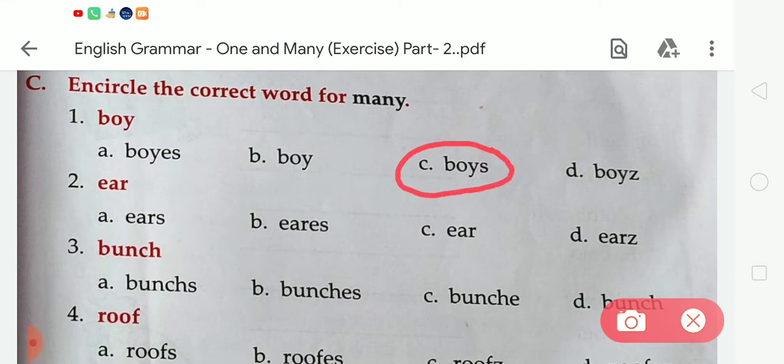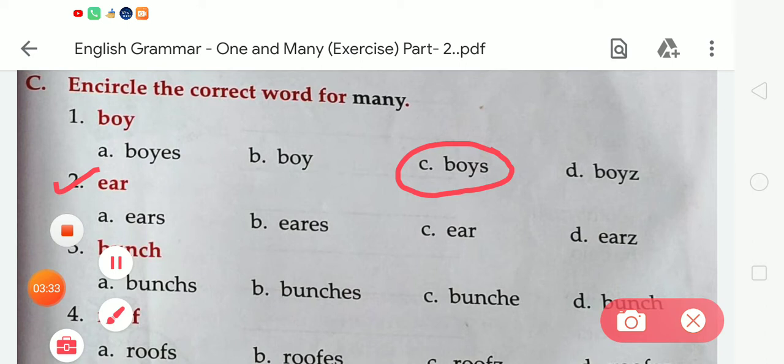Okay students, now moving to the next, which is year. In number 1 there is boy, and the plural form of boy is boys by adding s. Second, there is year. Again there are 4 options, so you have to choose the correct one and circle the correct many form of year.